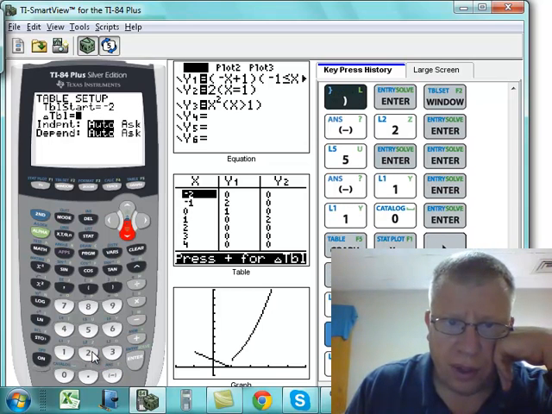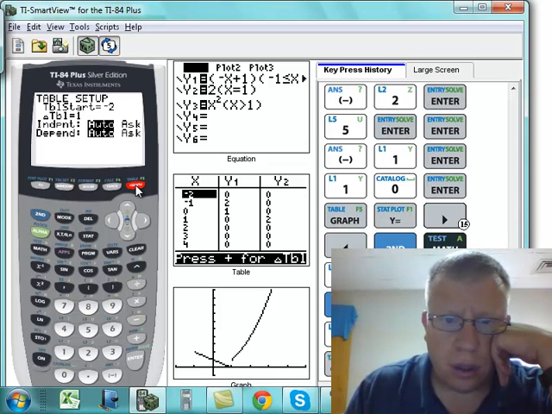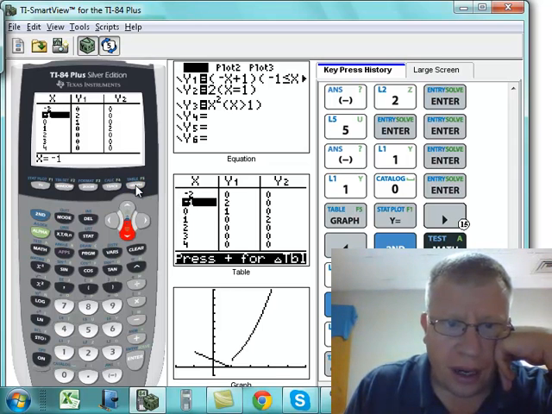And delta table being 1. And then auto, that's good. Go over to table now. And notice indeed that at -1, the function is equal to 2.